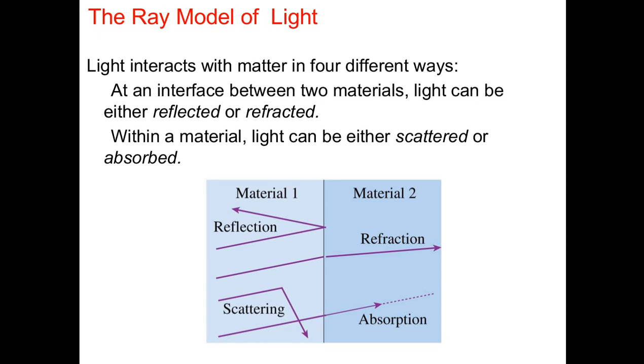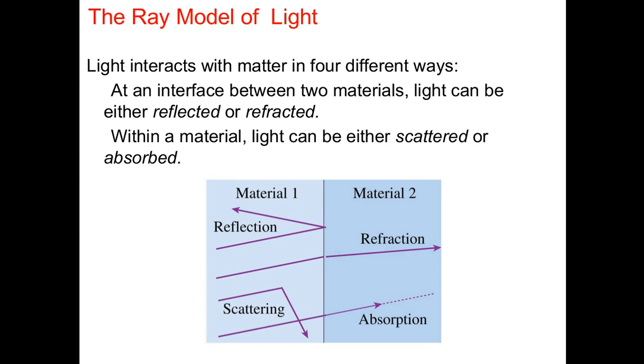properties. So when light interacts with matter or some material, it will react four different ways. It can reflect off the material, it can refract into the material, so we're going to be dealing with refraction a lot. It can scatter, which means different frequencies of the light will refract at different angles, and then it can be absorbed.